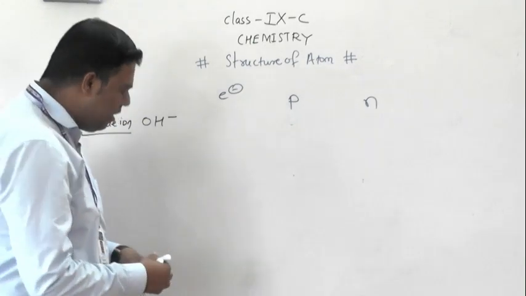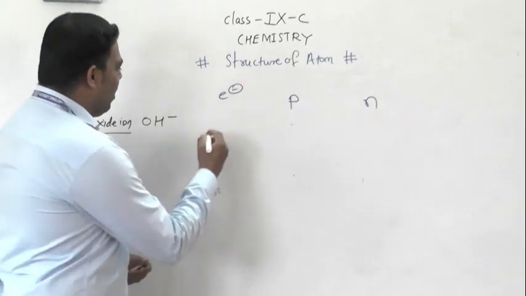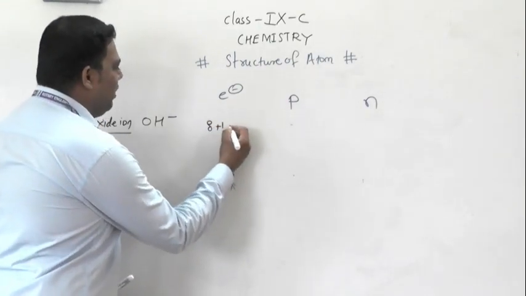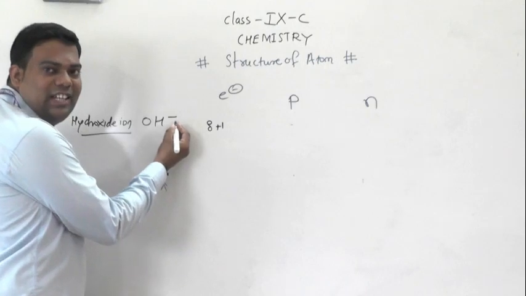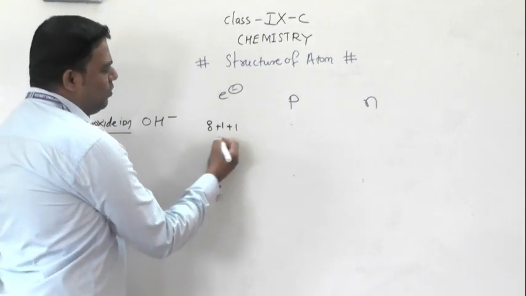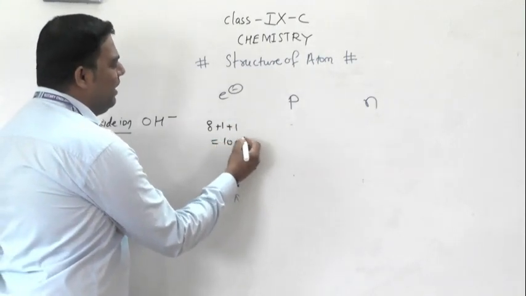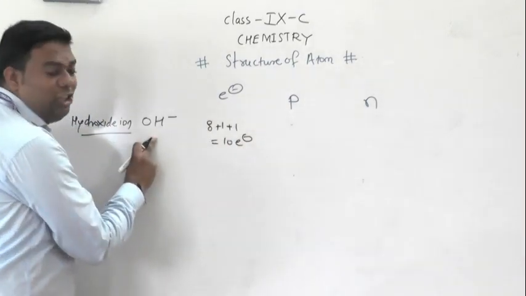Here minus 1 charge becomes plus 1. So how much? 10 electrons present in your OH minus ion.